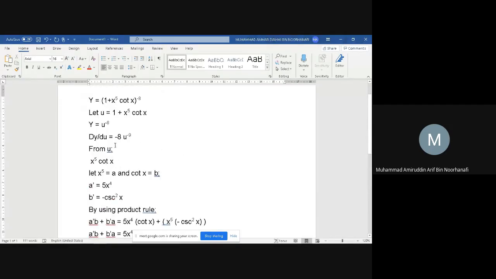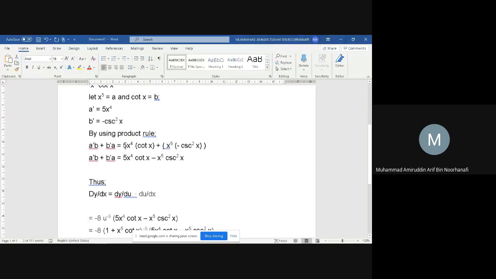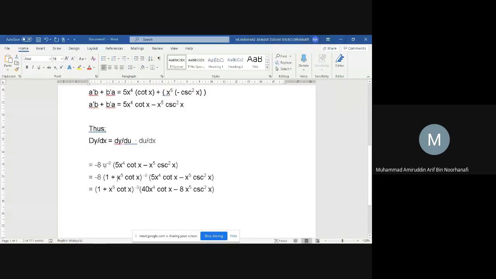Our u is 1 plus x to the power of 5 cotangent x. So we substitute our u here, and then we expand it. I choose to expand it like negative 8 times this one, because this is a bit complicated for me to expand.